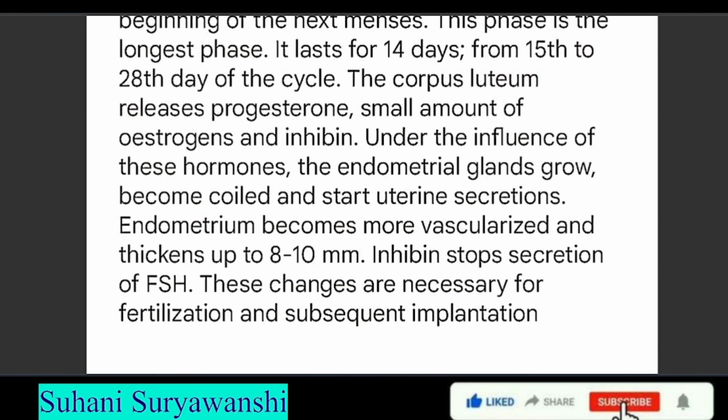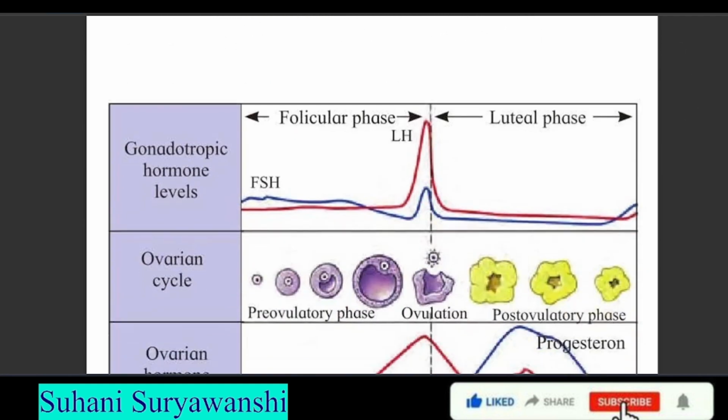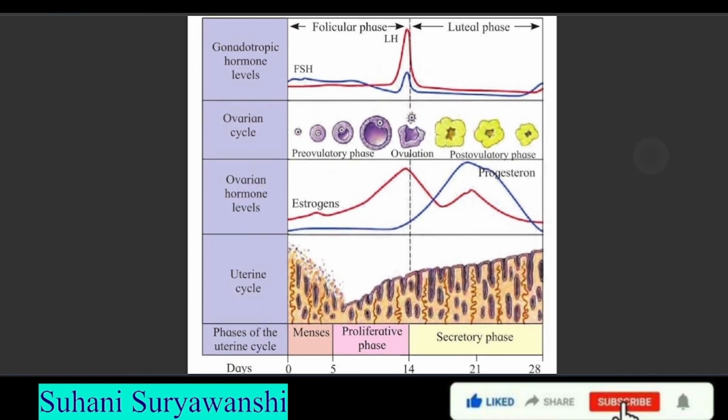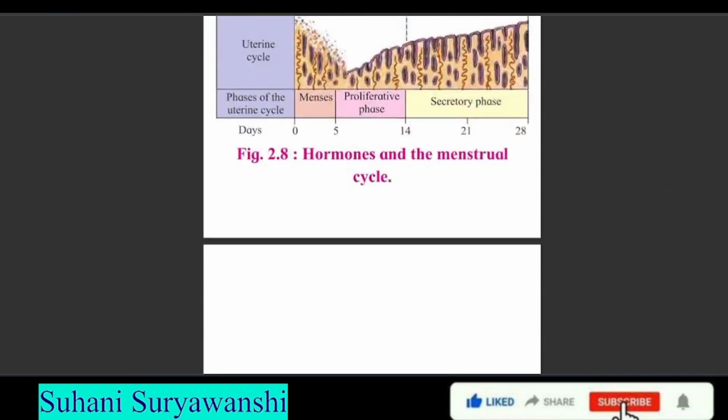Endometrium becomes more vascularized and thickens up to 8 to 10 mm. Inhibin stops secretion of FSH. These changes are necessary for fertilization and subsequent implantation. So you have to draw the diagram of menstrual cycle along with all the phases.